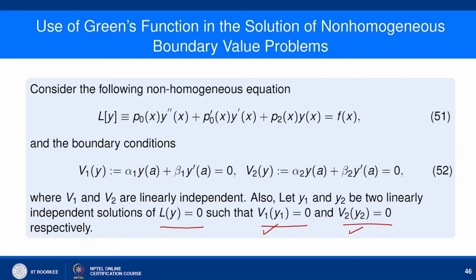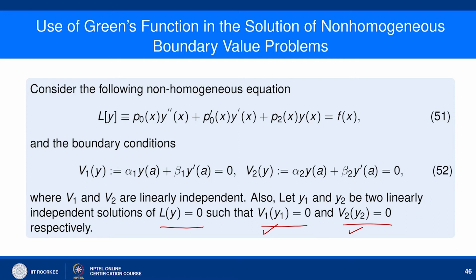Here V1 and V2 are linearly independent. Also let y1 and y2 be two linearly independent solutions of Ly = 0, such that they satisfy these two boundary conditions respectively. So y1 is a solution which satisfies Ly = 0 and the first boundary condition, and y2 is another solution which satisfies the second boundary condition.